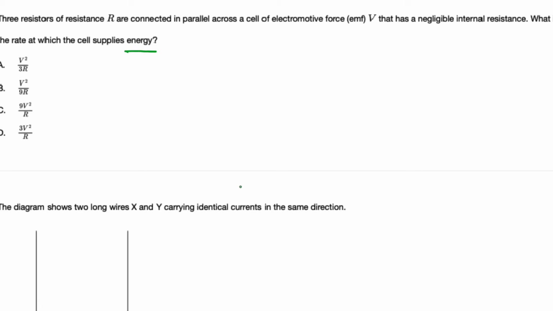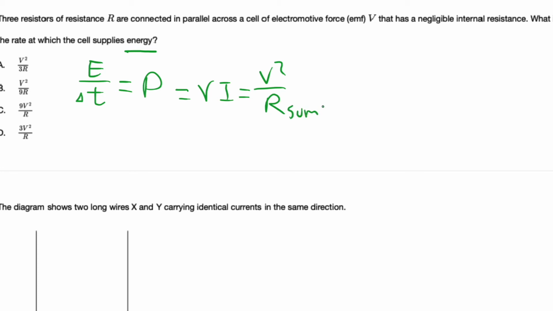This is basically asking you to calculate power, because rate is equal to energy over delta t, which is power, and power is equal to V times I, which is just equal to V squared over R. So we need to calculate the sum of resistance.